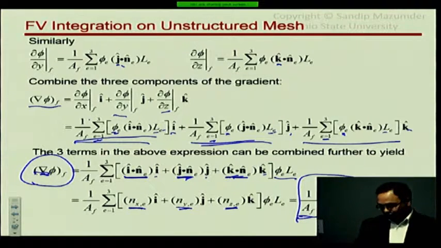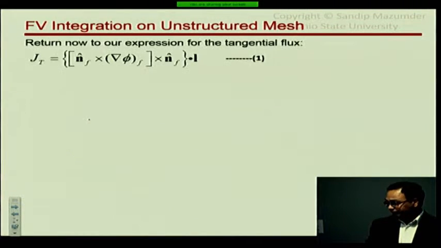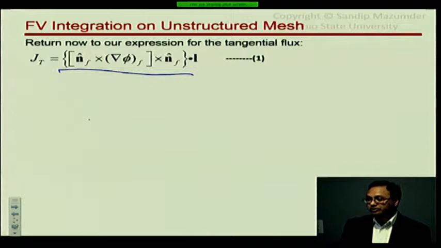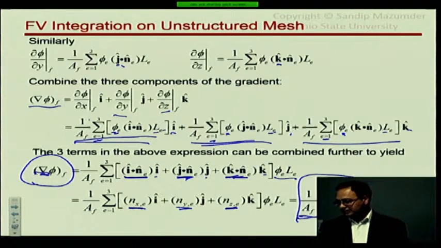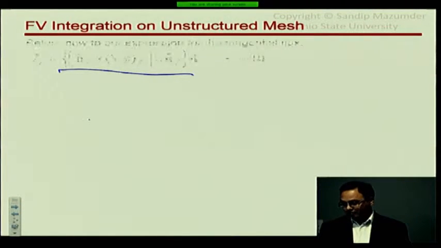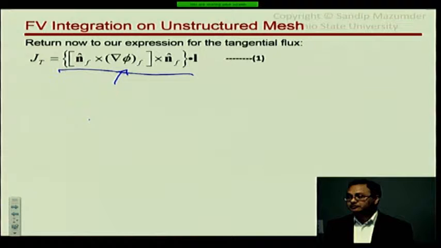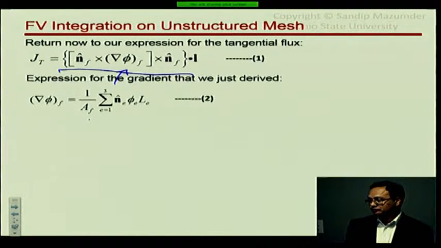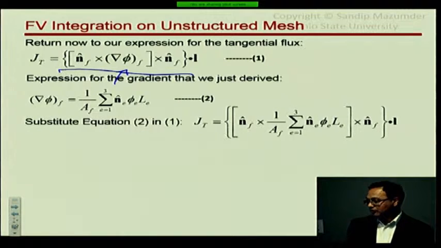So here was our expression for the tangential flux, going back again to our original formulation. I'm going to take this expression right here and plug it in right here. So that's what I get then. Straightforward substitution.